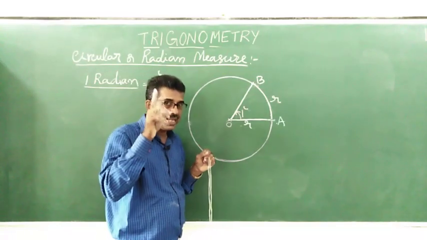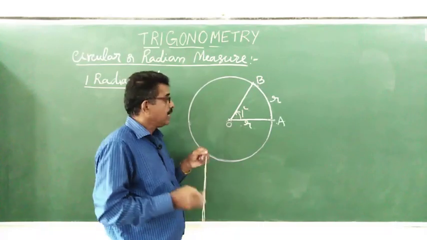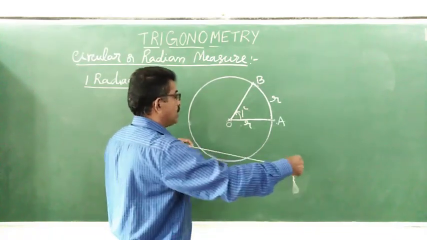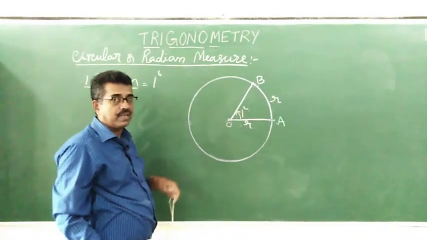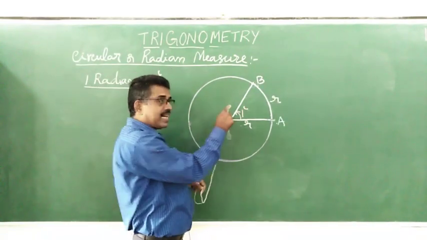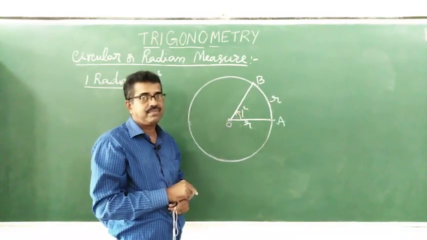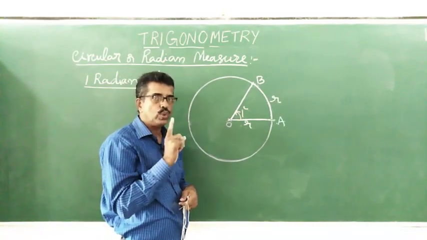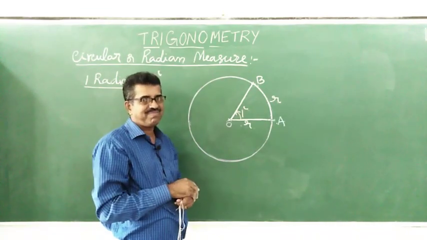Now another problem may come to your mind. Suppose I draw a very big circle instead of this one. Does this angle change? Dear friends, I assure you, try it at home, that angle will not change.